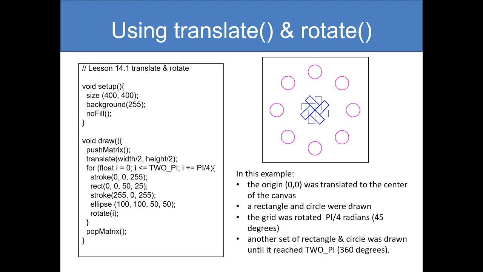Okay, so in this example, the origin was translated to the center of the whole thing, and that's where we push it to. We push it to the origin, and we run through it over and over again, and we wind up popping it so that it comes back and works out well. Definitely feel free to try this specific program out.